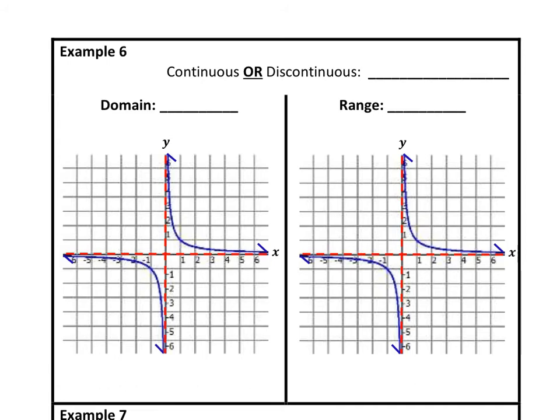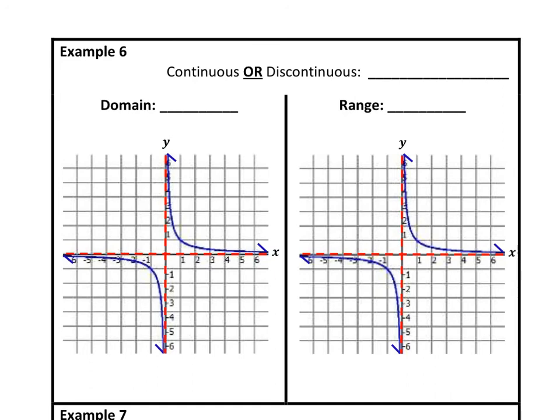Let's figure out if it is continuous or discontinuous. If I see these boundaries, remember these are called asymptotes. Since I'm looking at these, I see that the graph is divided into how many pieces? I see one blue section over here, that's one piece, and then one section over here, that's the second piece.